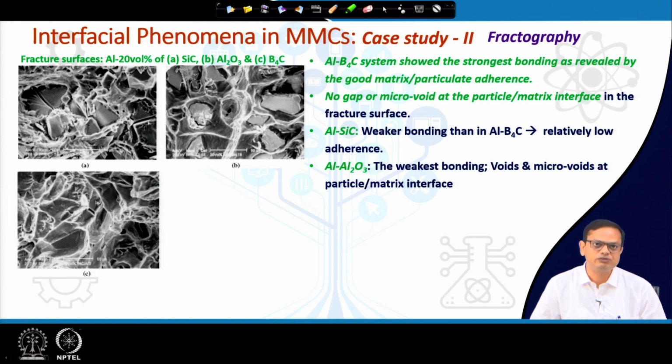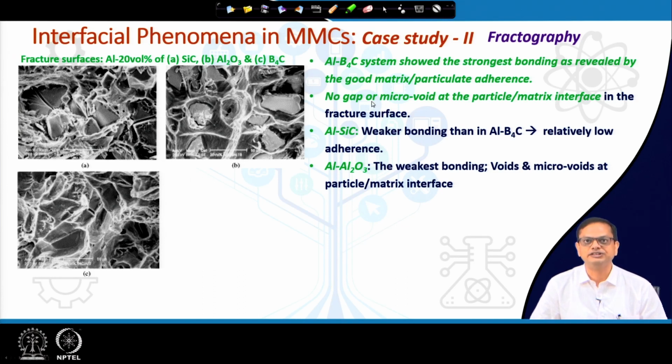However, if you look at the B4C reinforced aluminum matrix, you can clearly see there are not really many cracks. You can see here nice ductile fracture, you can see this cleavage fracture, but you do not really see any kind of crack or interfacial delamination in case of AlB4C. So, clearly AlB4C stands out if you compare the three different reinforcements here.